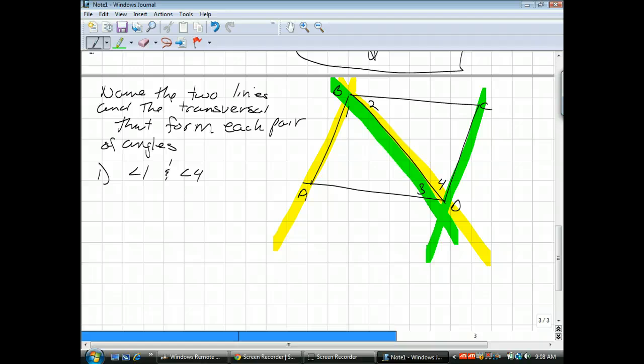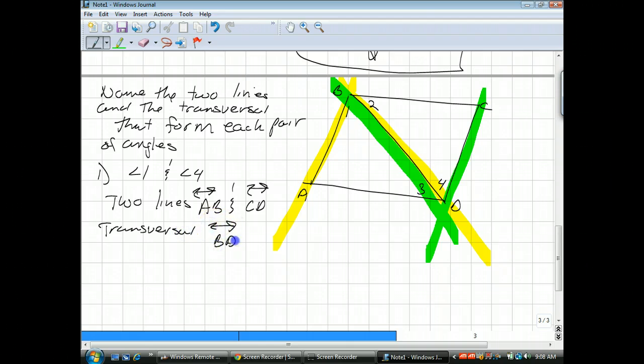So the two lines are line AB and line CD, and the transversal is line BD. Again, notice that BD belongs to both angle 1 and angle 4, and that's the key to make it a transversal.